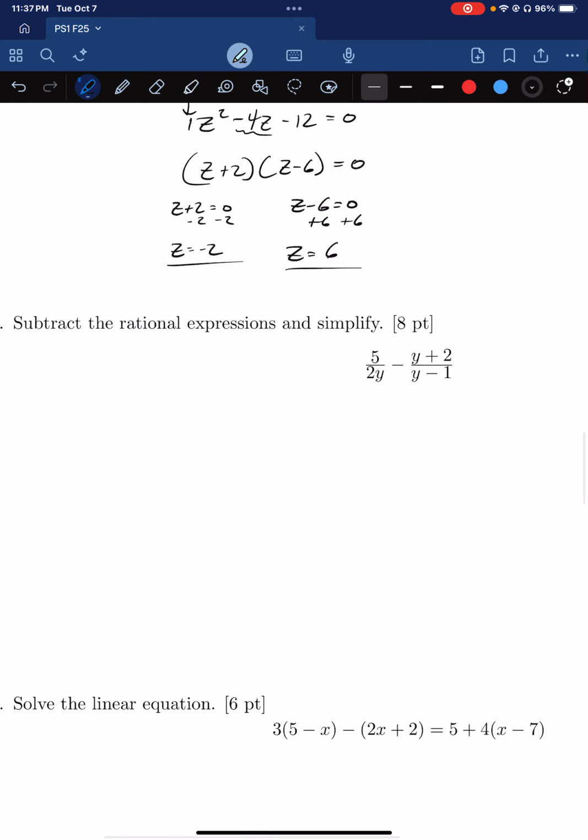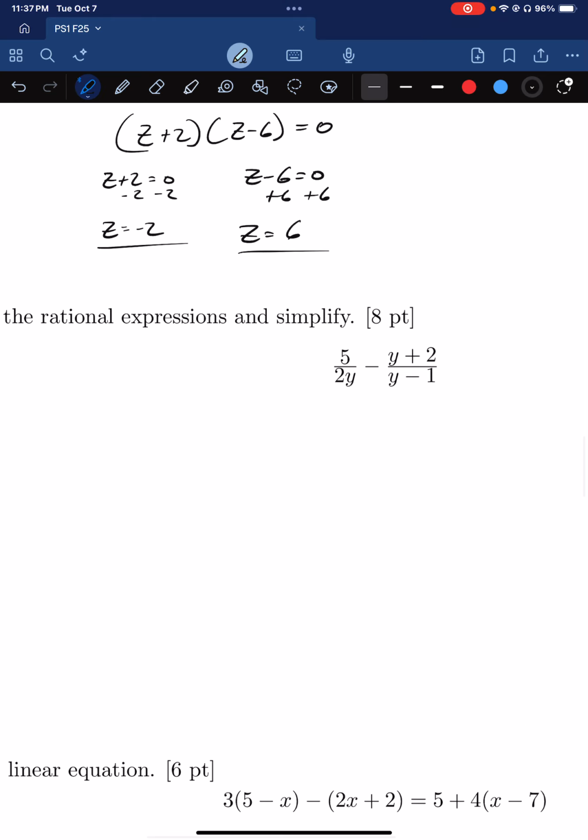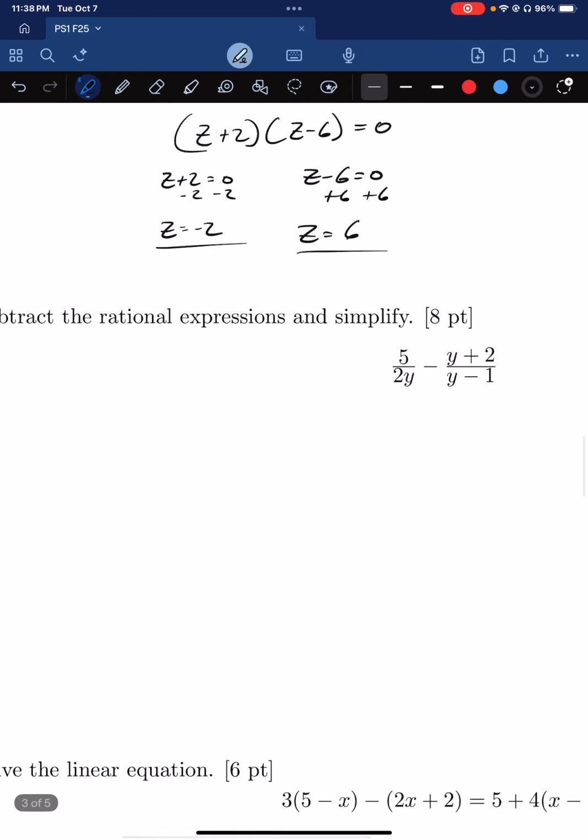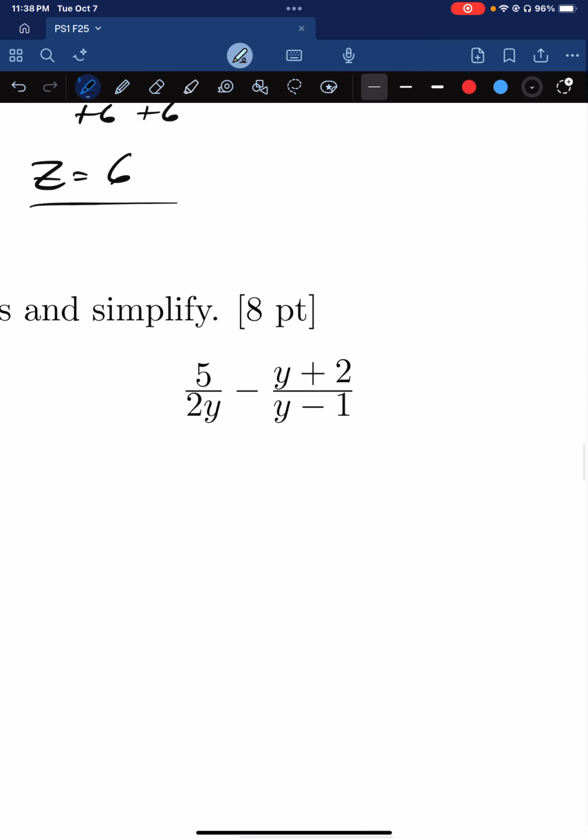Subtract the rational expressions and simplify. All right. So to subtract them, we are going to have to get a common denominator. To get a common denominator, I'm going to multiply each of these fractions by whatever they're missing. Like this one has a y minus 1, but it's missing a 2y.